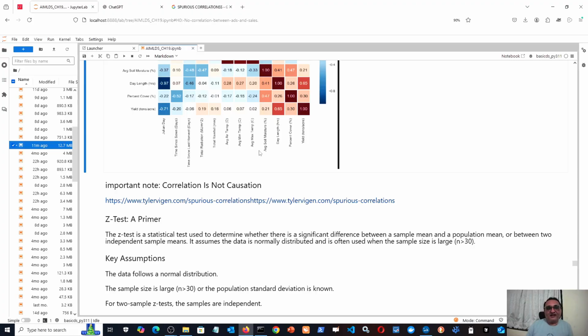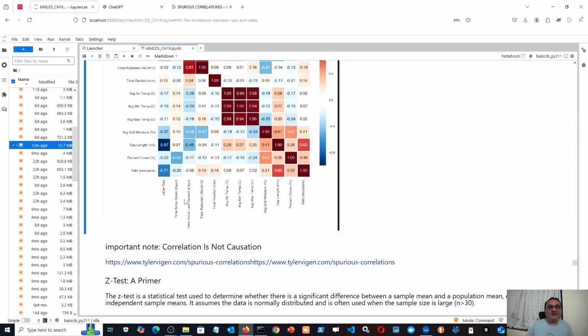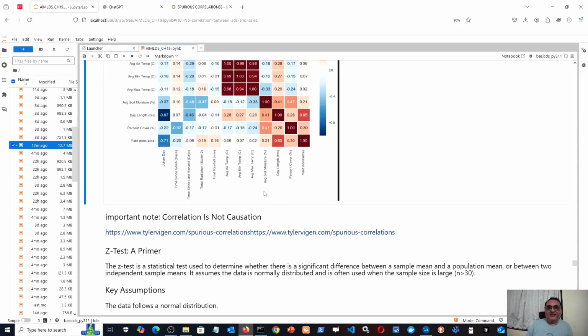Then beta 4 into average soil moisture, beta 5 into day length, and beta 6 into percent cover, right? So I can roughly get a model that my yield depends on these factors which have more than 18 to 20% correlation. That means I can start building my model by taking these factors. That would be a good beginning.